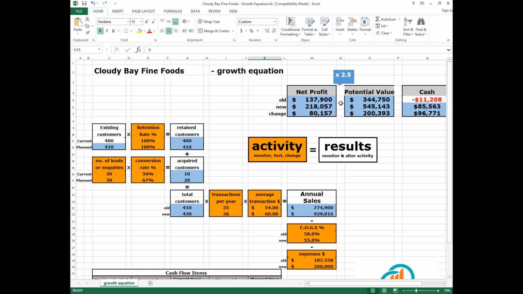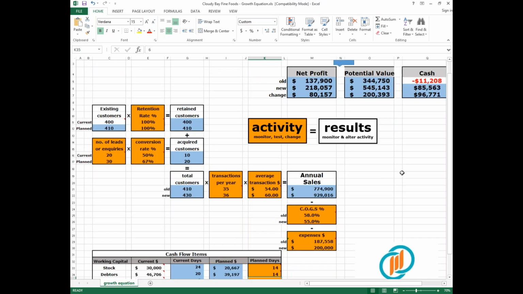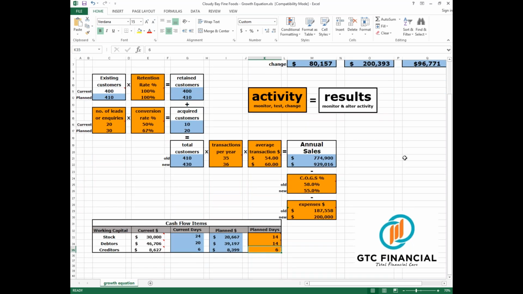A new value for her business based on the improved profitability would be $545,000. Now that's still not going to deliver Nigella $80,000 a year. But out of that $218,000, she could certainly maximise her superannuation contributions or set aside money, make other investments. So Nigella can use that additional profit and cash flow to help her achieve her goals of financial independence in 10 years.